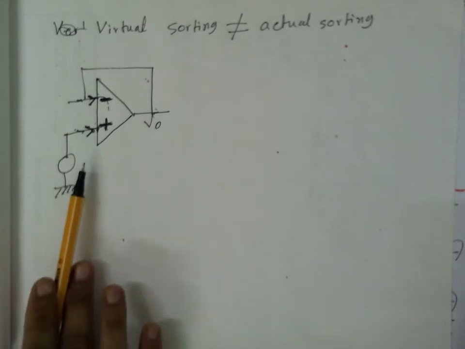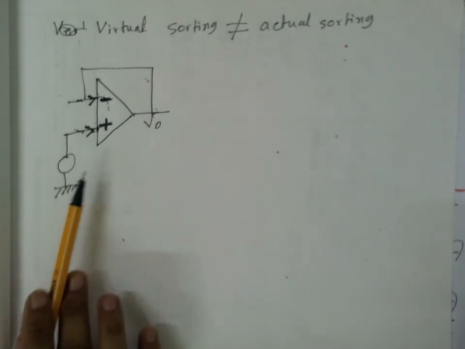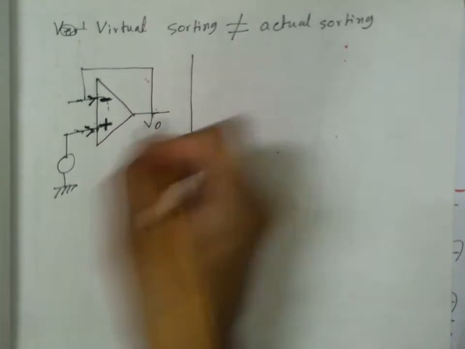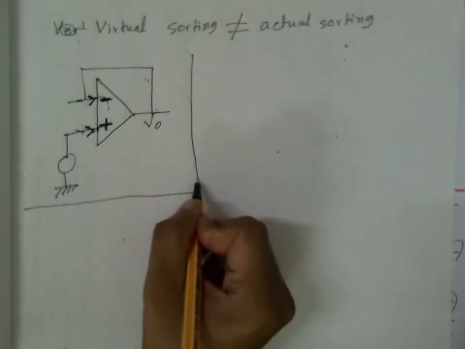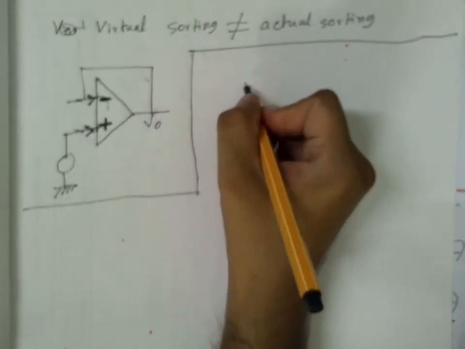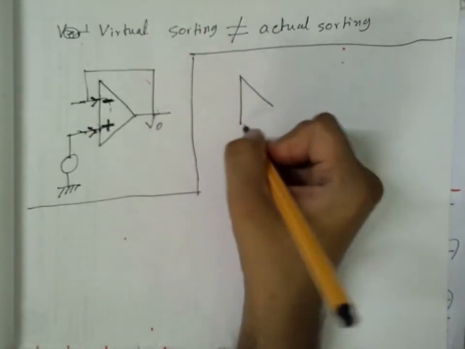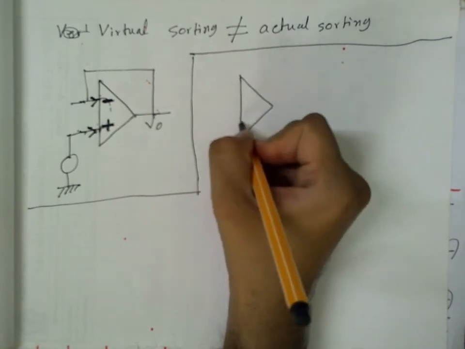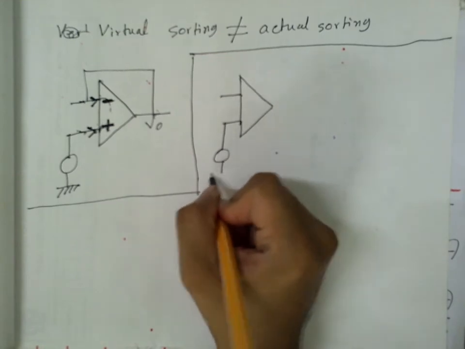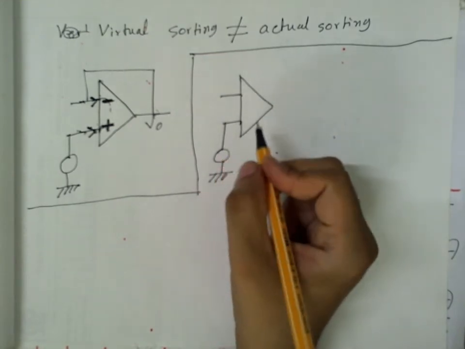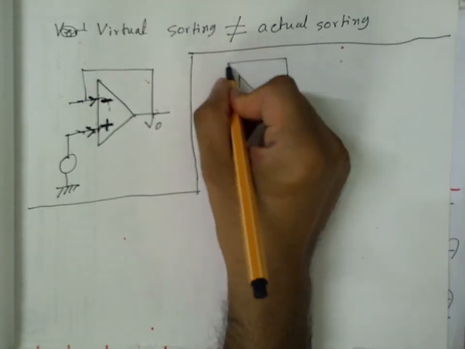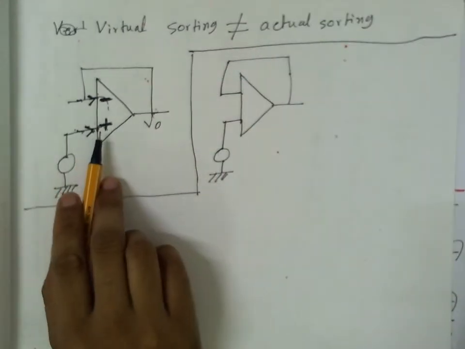Now, this is not always true. For example, this was the circuit we discussed so far. Now let's discuss another circuitry. Say we have two terminals. One of them is supplied with an external voltage source, and the other one is fed back from the output itself, like this one.